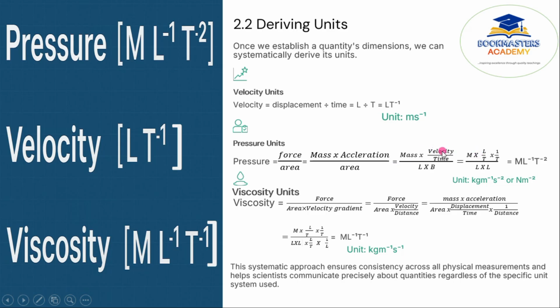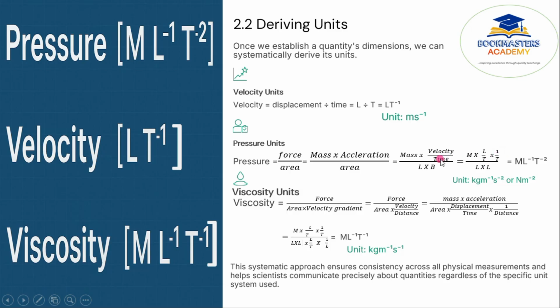Mass is M, then velocity on its own is L over T. We've seen it already. This is L over T, this is velocity, this is dimension.